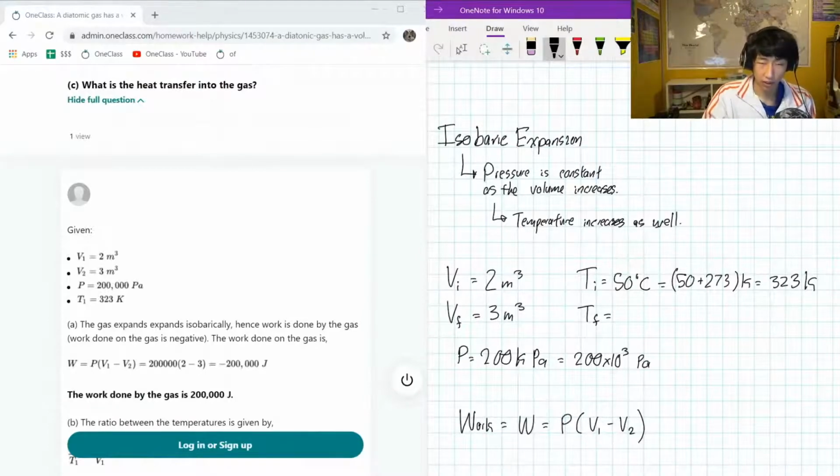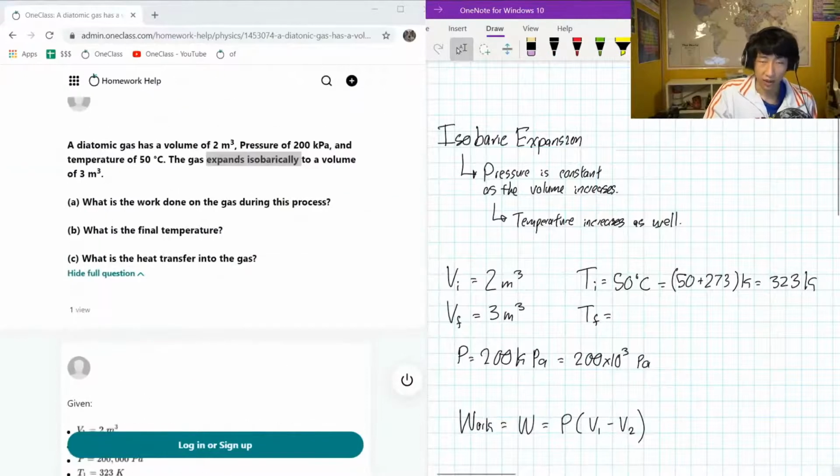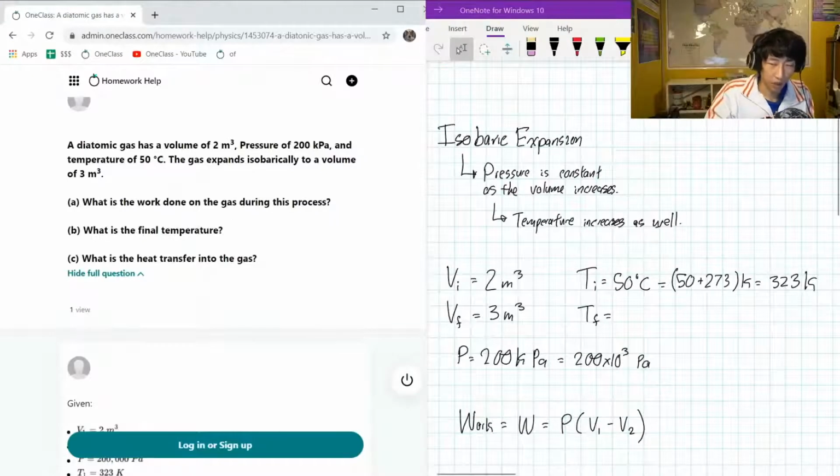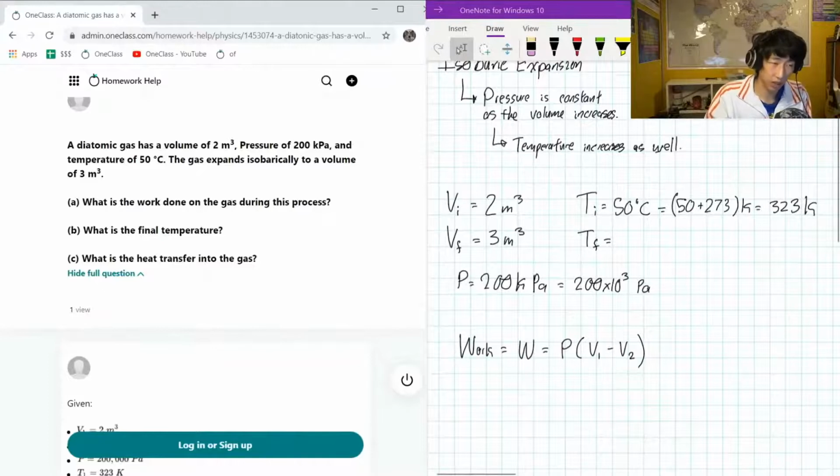The reason why we're doing it this way is because, now this is where precision of language gets very important, the question is saying, what is the work done on the gas? It's not the work done by the gas, because the gas would be doing work to be increasing its volume and its temperature. But since it's the work done on the gas, we're actually doing negative work, okay? So we're going to expect a negative result. The magnitude would be the same either way, but we want to set it up this way so that our sign is negative, because there's negative work done on the gas, positive work done by the gas.